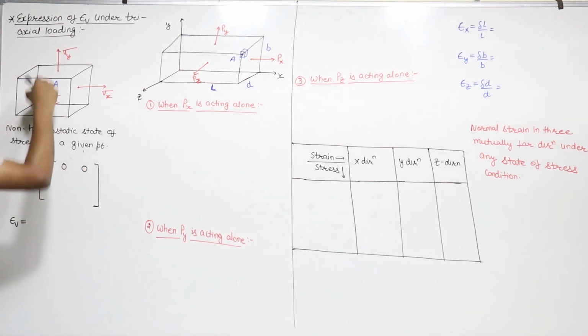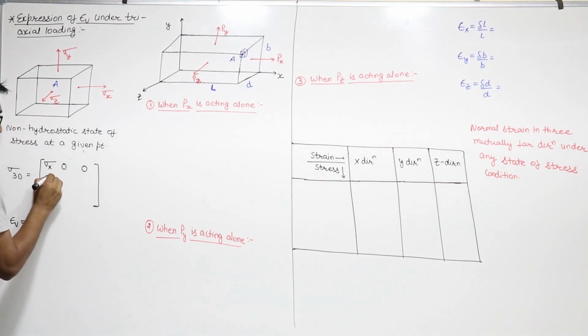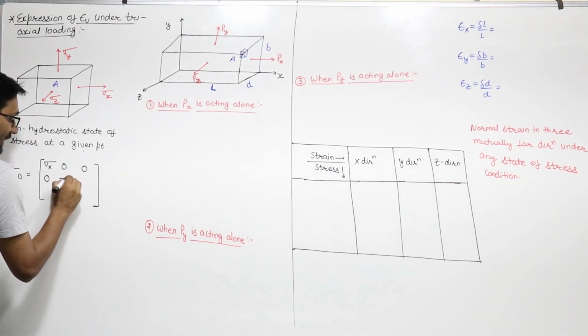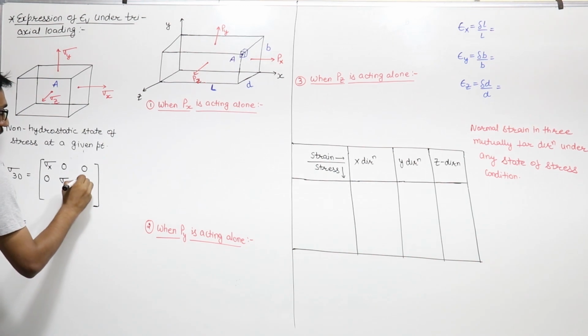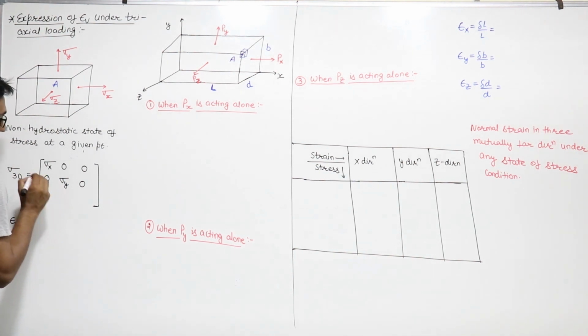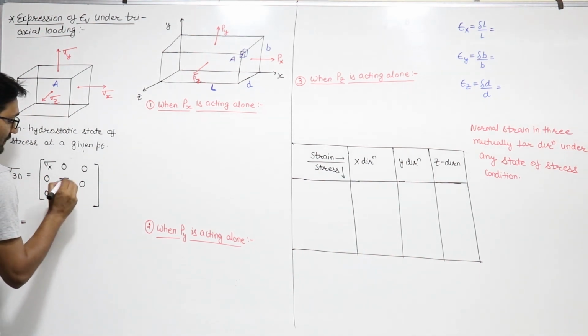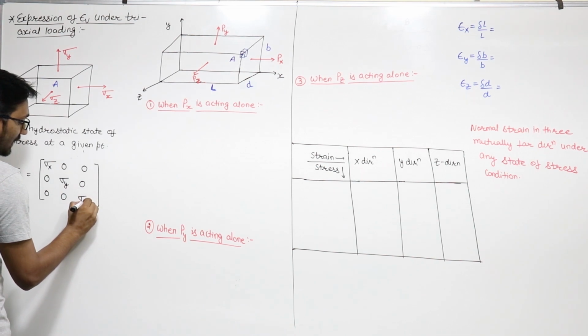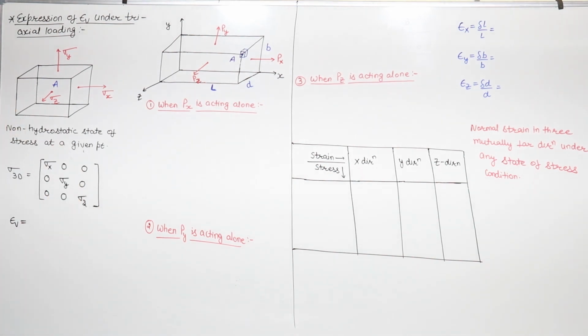On the y face, tau yx is 0, sigma y is sigma y, tau yz is 0. And on this z face, tau zx is 0, tau zy is 0, and sigma z is sigma z. These are the stress tensor for this triaxial loading case.